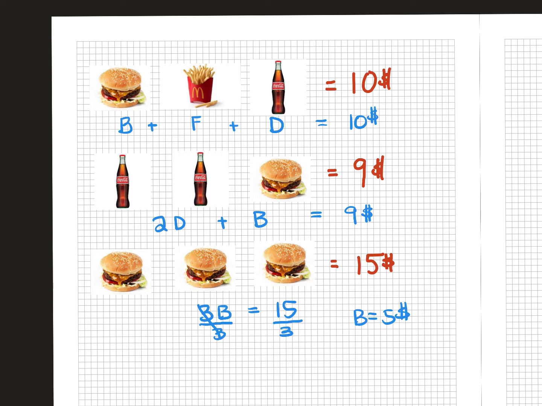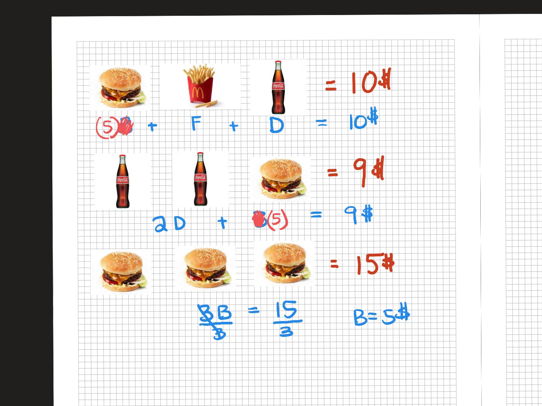So I can go up to the rest of my equations now and plug in or substitute $5. I'm going to do it in red. I'm going to substitute in $5 for burgers. Normally you'd rewrite it, but I'm just substituting it in because we know what it is.